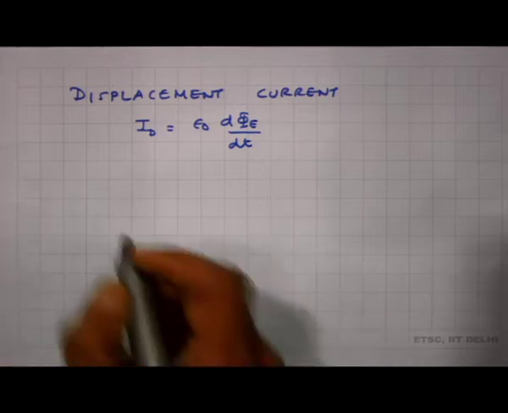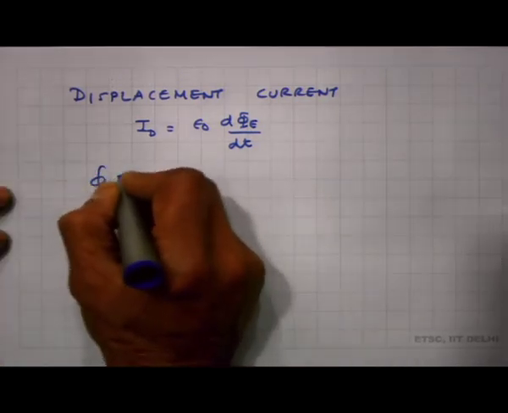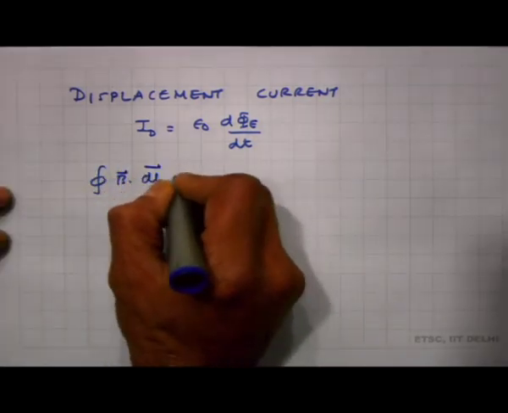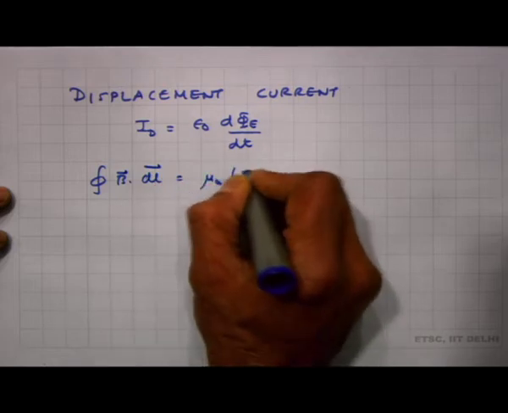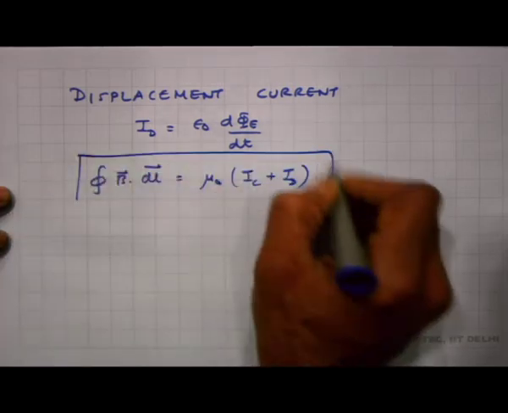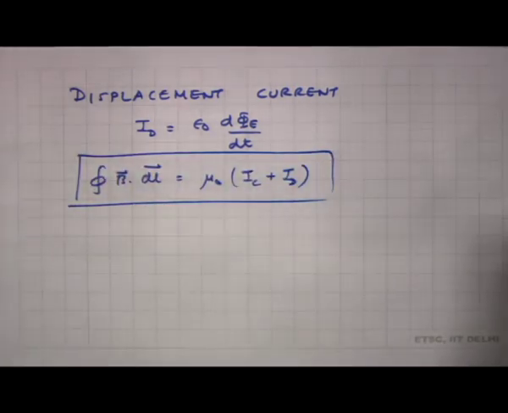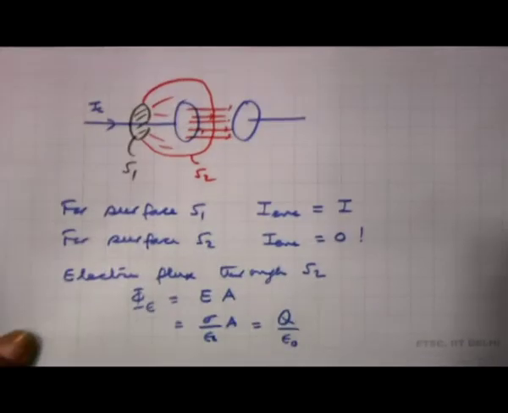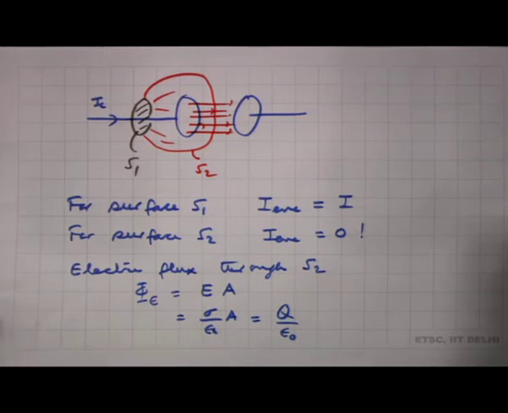So, I will write this equation as integral B dot dl is equal to mu naught times I conduction plus I displacement. This modified form of Ampere's law helps me resolve the problem, and this is what James Clerk Maxwell did.